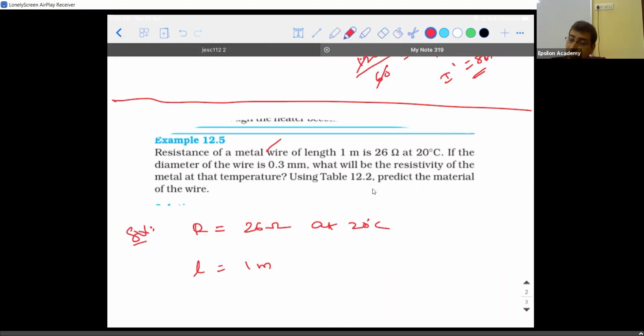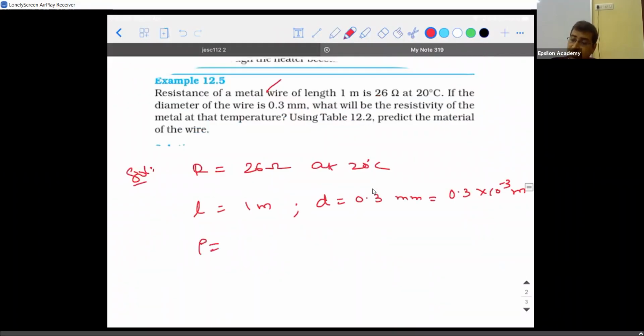If the diameter of the wire is 0.3 millimeter, that is 0.3 into 10 power minus 3 meter, since milli is 10 power minus 3, what will be the resistivity of the material at that temperature? At the same 20 degrees Celsius.